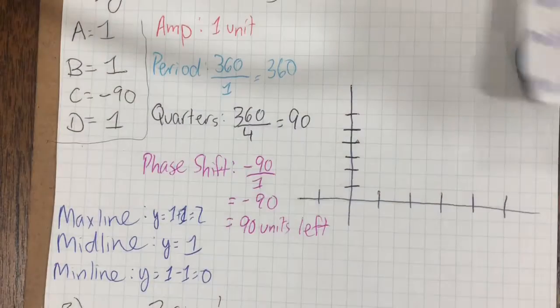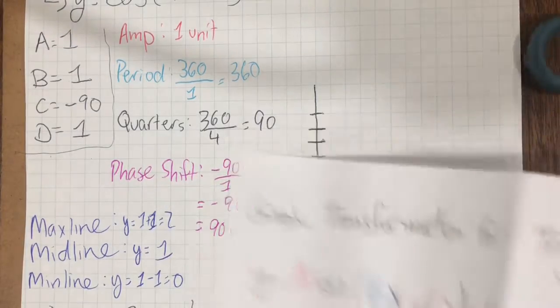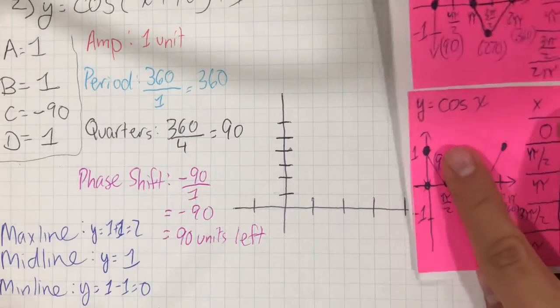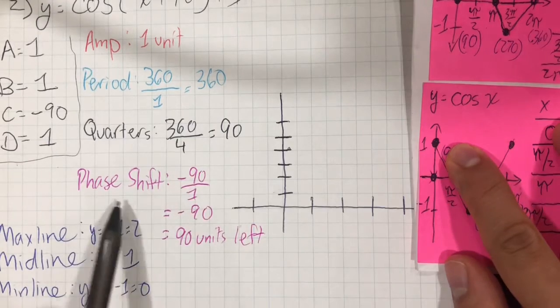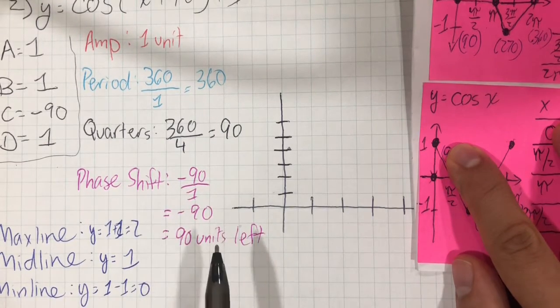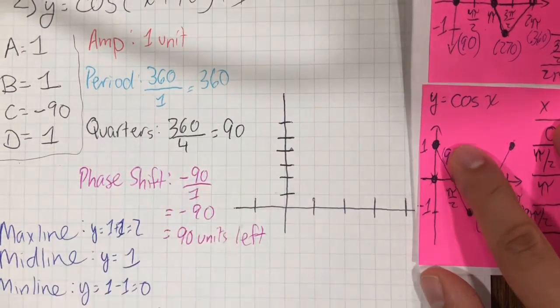Okay, so let's take a look at a starting point for the graph. Now, the starting point for the original graph, if you take a look, was 0, 1. But now, for the phase shift, we're moving 90 units to the left, but then also I have a vertical shift with 1 unit up.